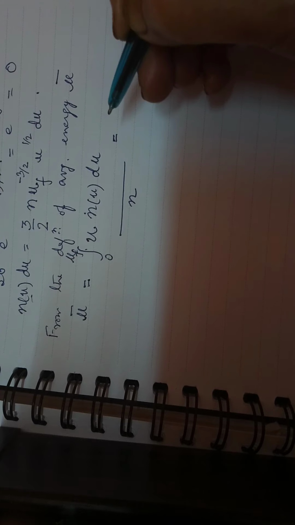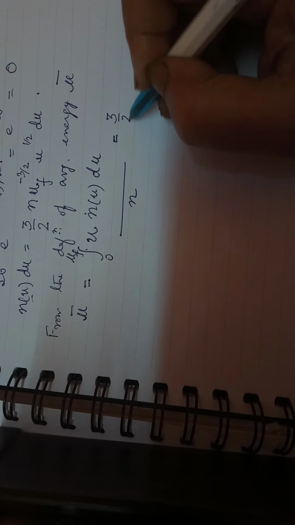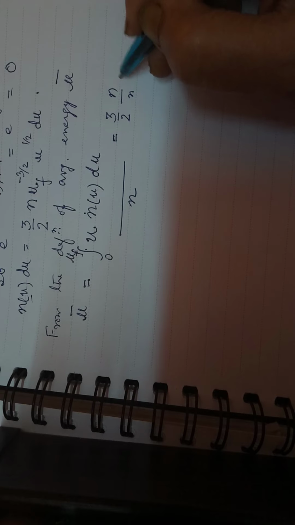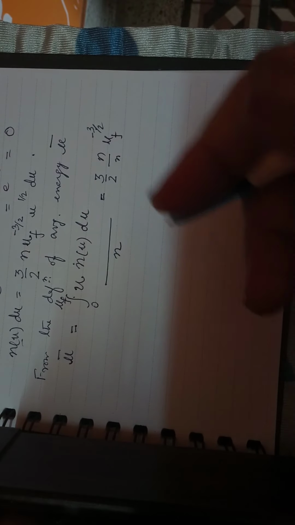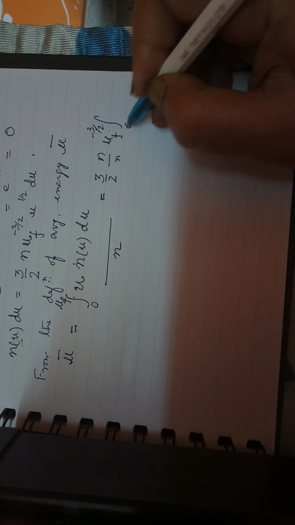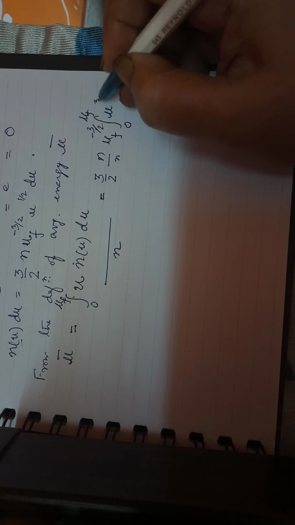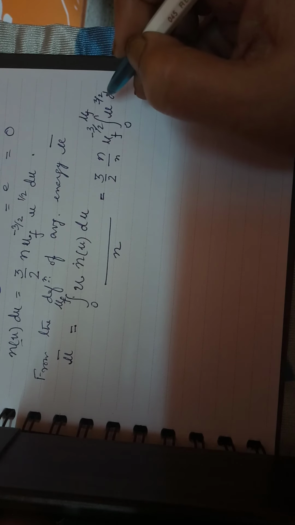This integration, if you do, you will see this is equal to 3 by 2, n by n, uF to the power minus 3 by 2, integral 0 to uF of u to the power 3 by 2 du. You can show this.